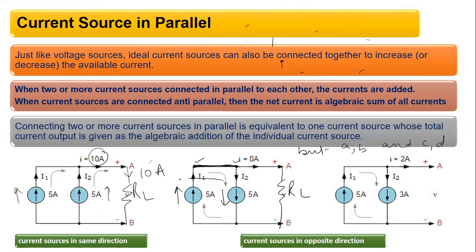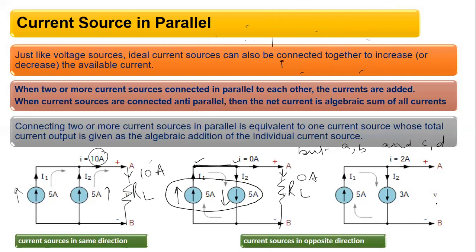So these two current sources are parallel to one another, right? But since they are opposite to one another and their value is also the same, you would say that the current here is zero, right? The current here is 0 ampere, right?